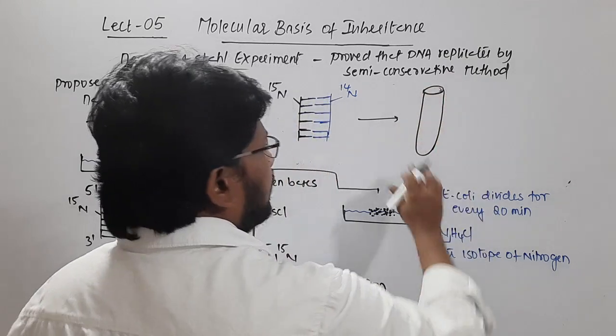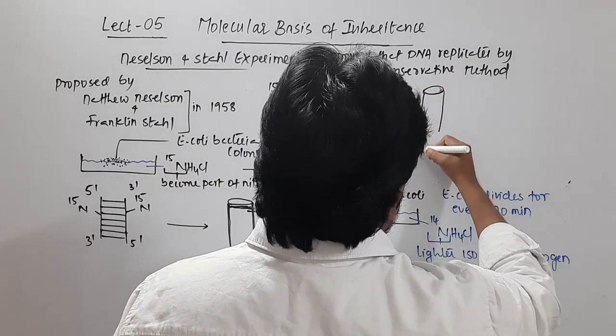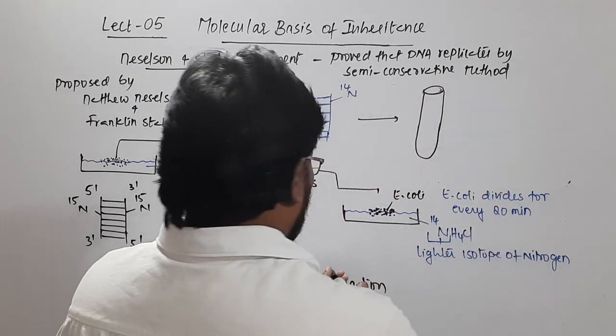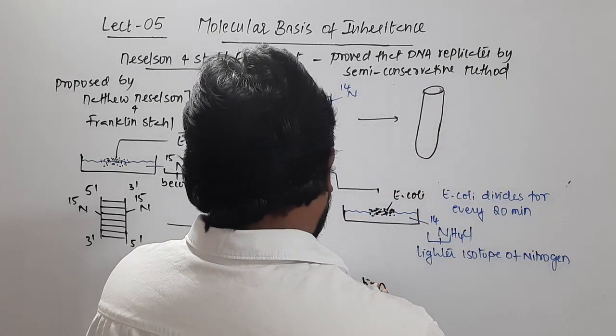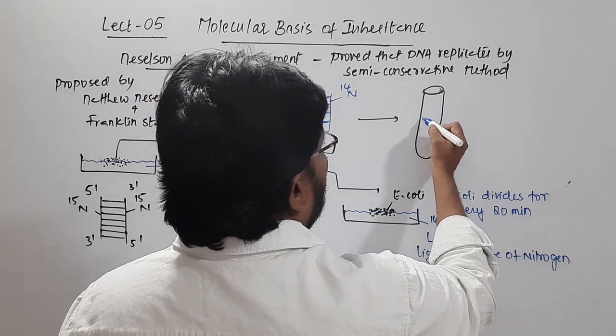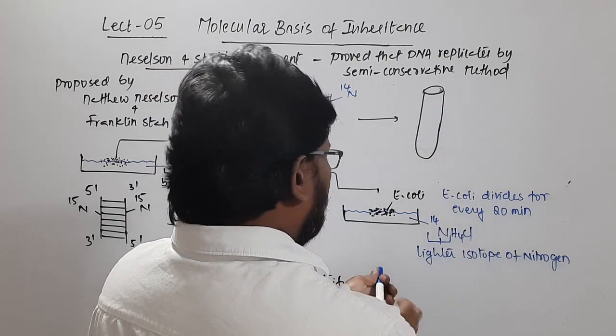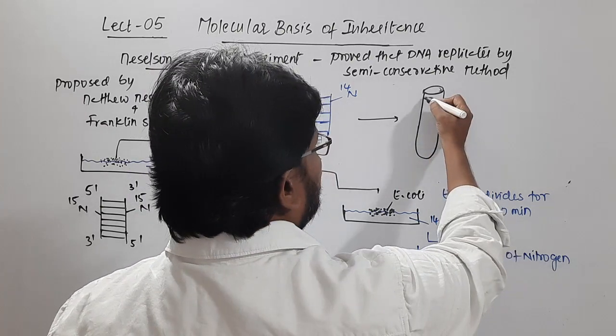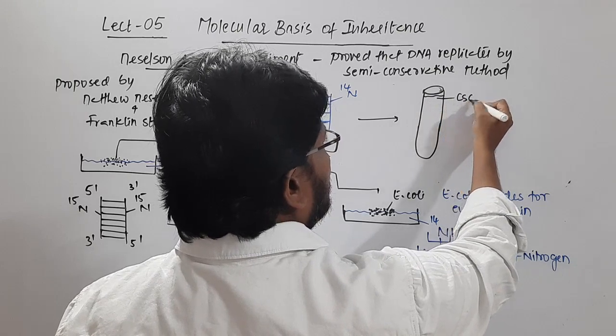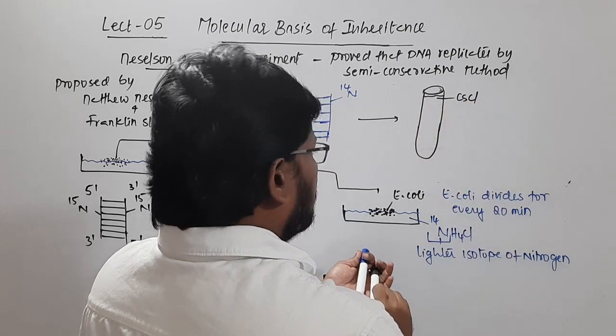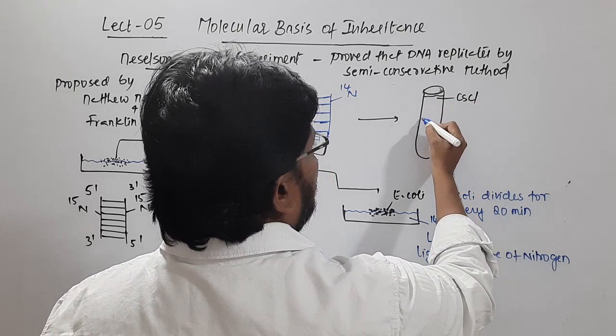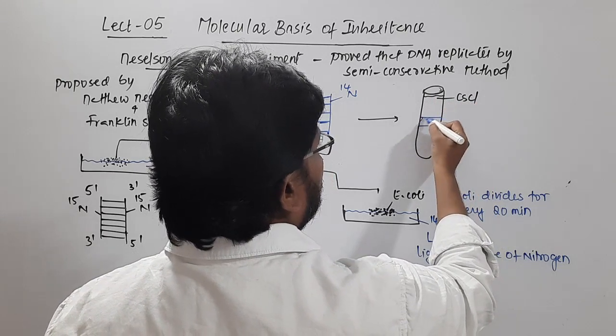When they did density gradient centrifugation, they observed a band at the center of the test tube containing CsCl.